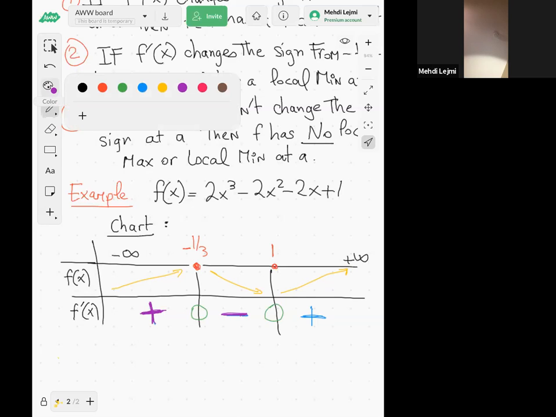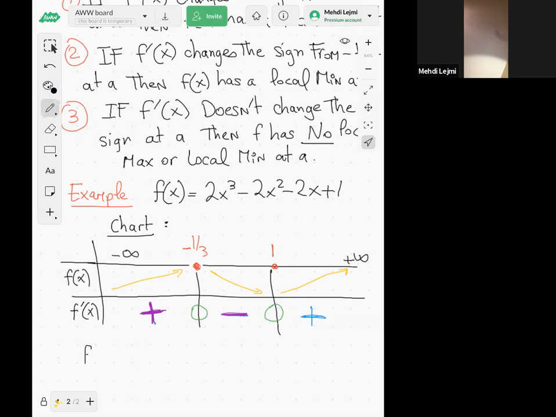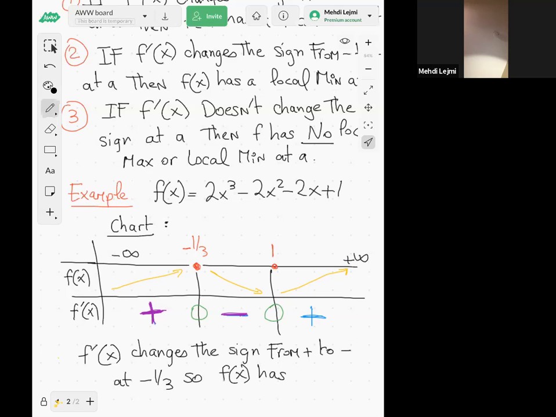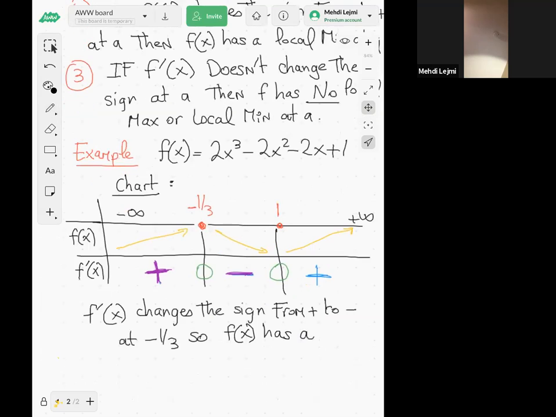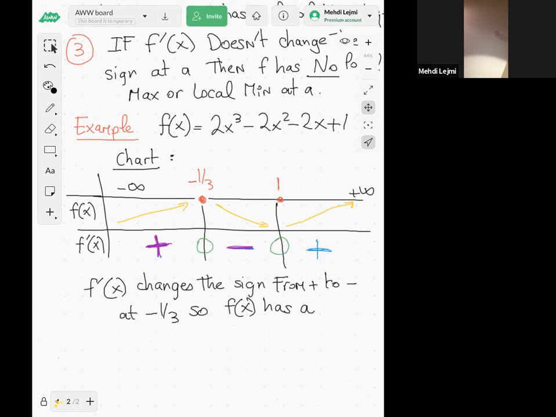So f prime of x changes the sign from plus to minus at -1/3. So f of x has a local maximum at x equal to -1/3.